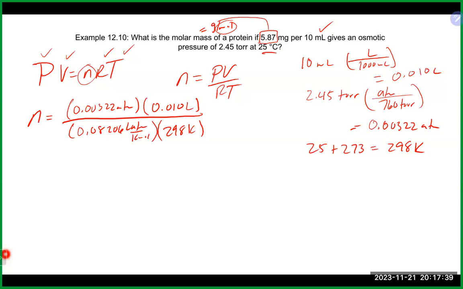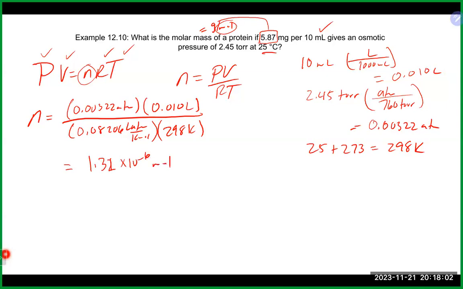If we do that, divided by 298, it's going to give us moles of 1.32 times 10 to the minus 6.